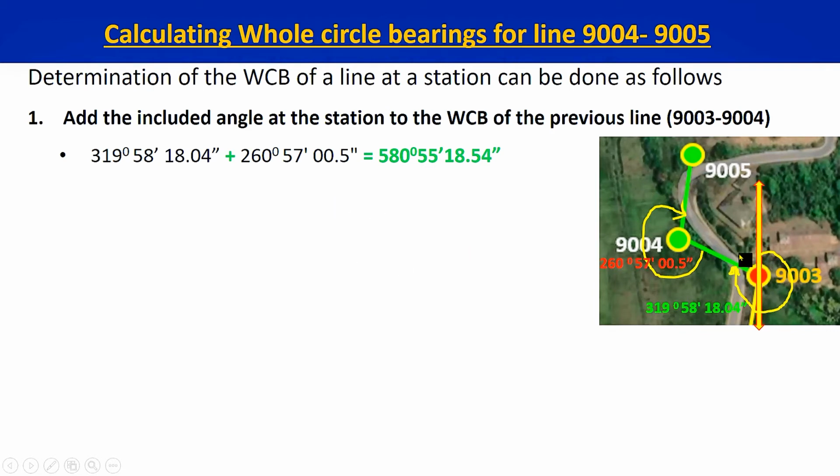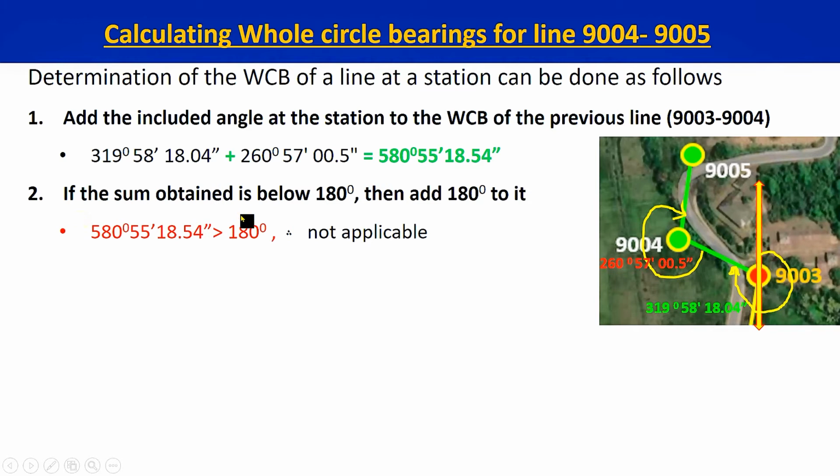We need to add that to the included angle of the 9004 station, which is 260 degrees, 57 minutes and 0.5 seconds. When we add it, the sum is 580 degrees, 55 minutes and 18.54 seconds.